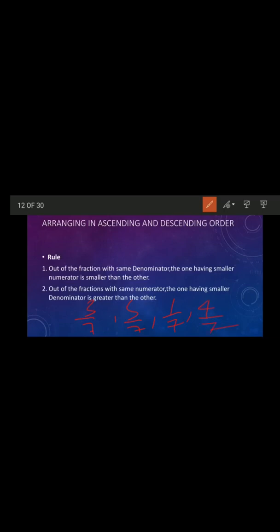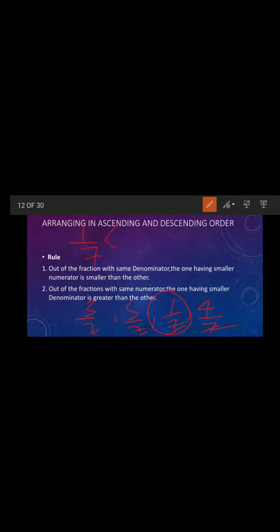So what we will do? According to the rule, if the denominator is same, so yes, all the denominator are same, one having a smaller numerator is smaller. So among all the fraction, which fraction has a smaller numerator? So yes, 1 upon 7 has a smaller numerator. So we will arrange in the following manner. 1 upon 7.